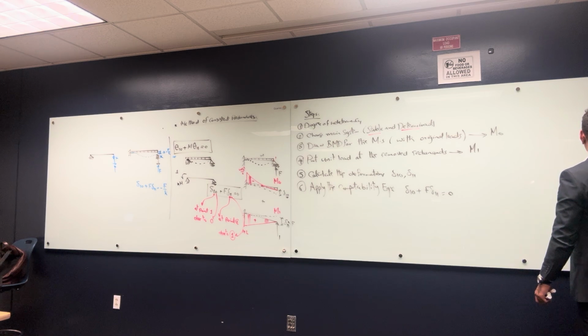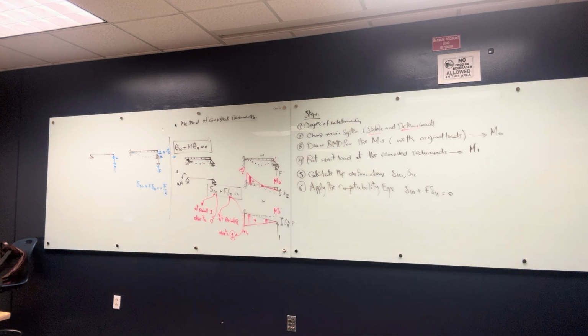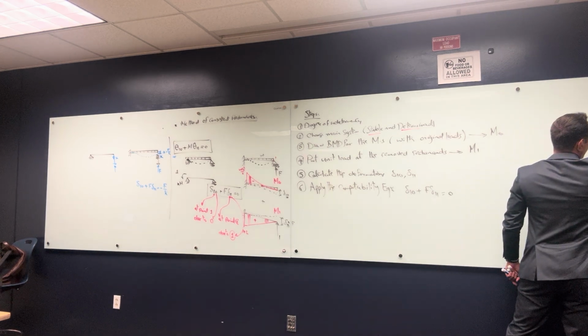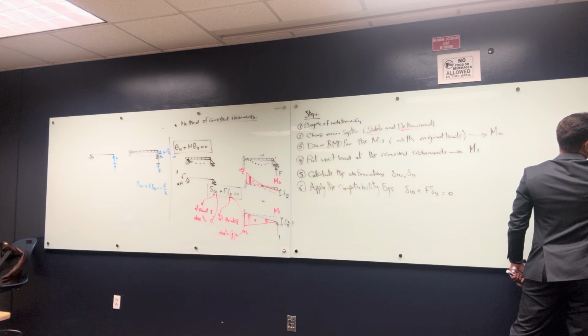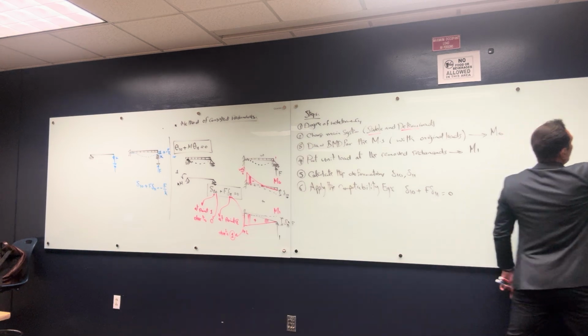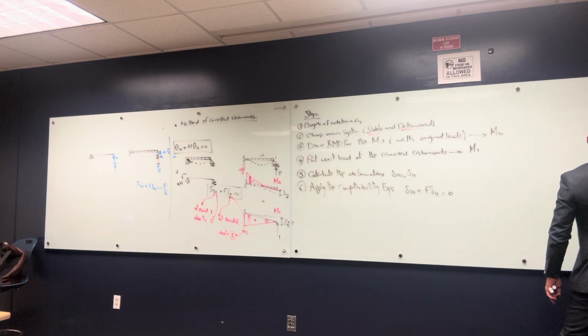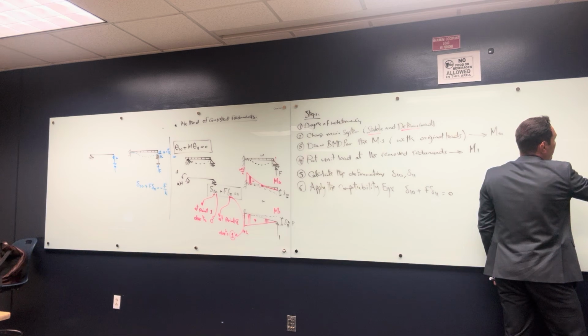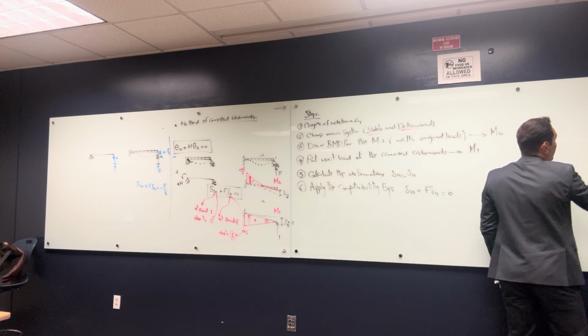This is MO and this is M1, and then if I want to find the delta here, it's gonna be something like this, going up. Well, no, it's not like that way. That's negative, and that's positive, right? So I have to take care of those.